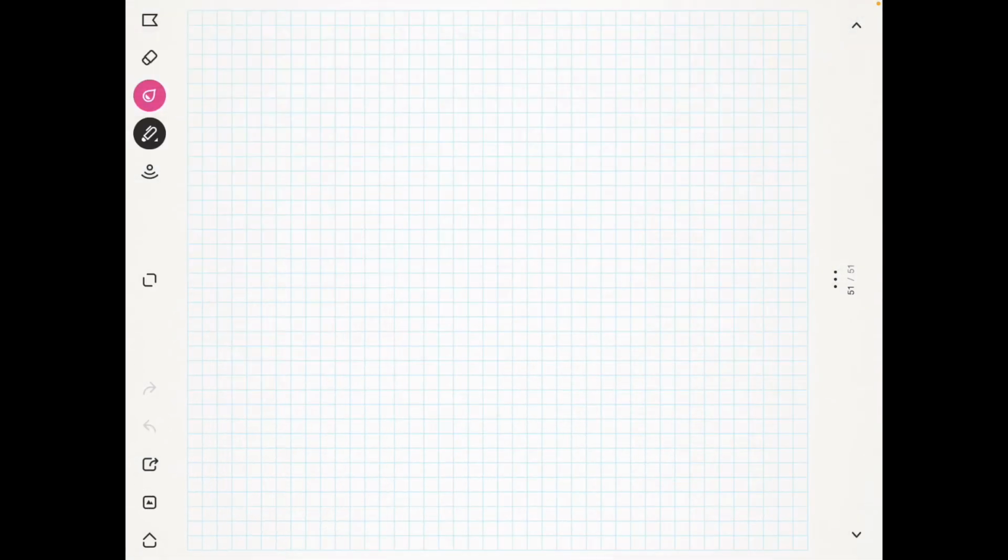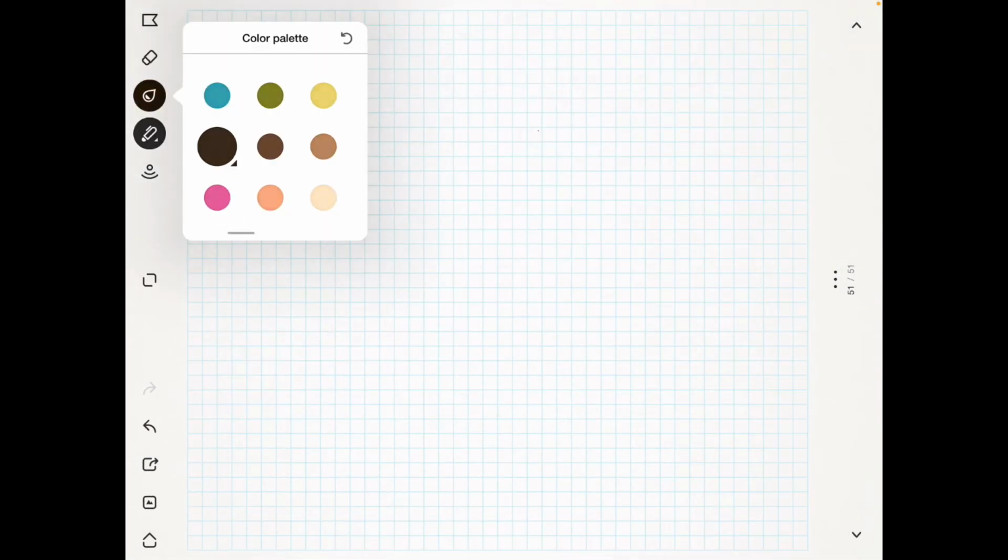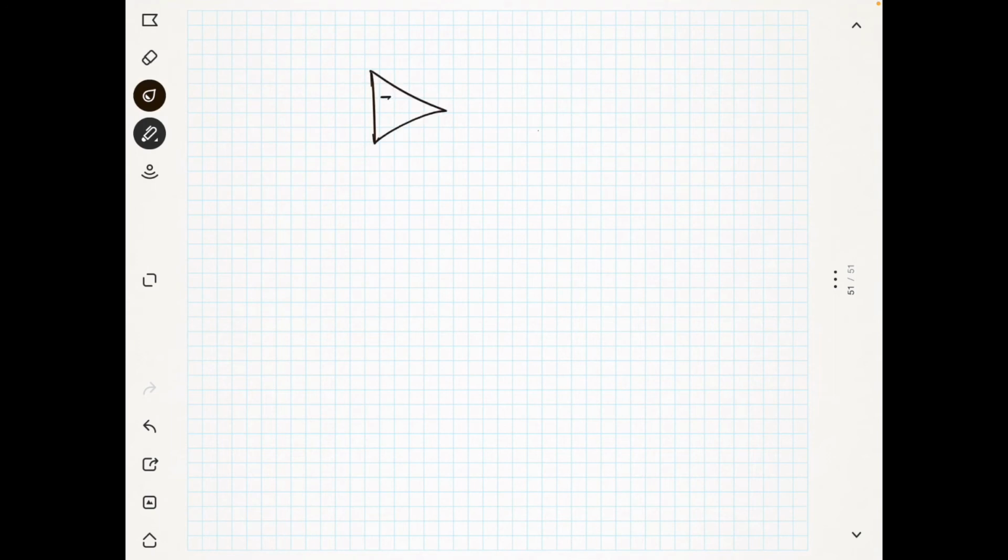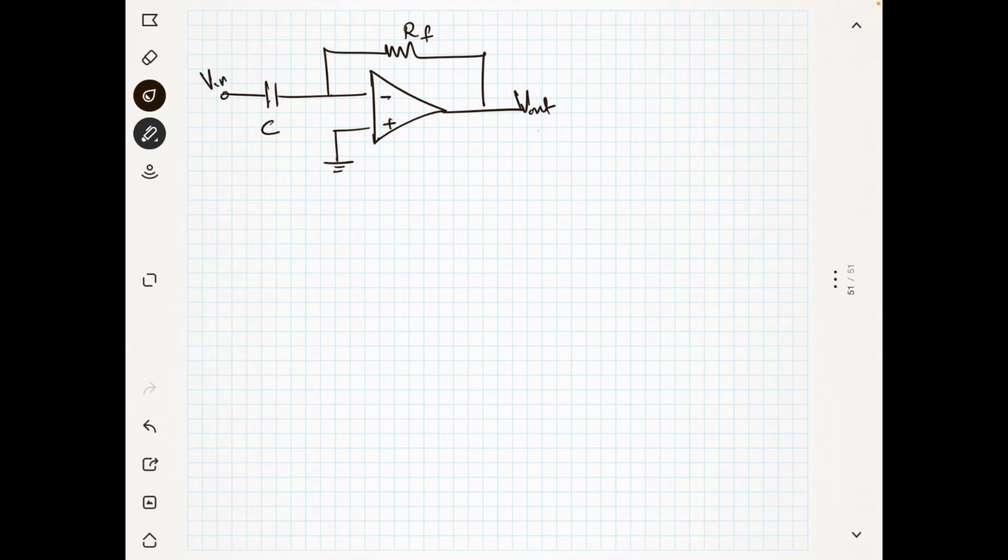Okay, so differentiator circuit analysis. Now you have minus, plus, and this is your ground point, and you will connect the C here, and you have some RF, and this is your V out, and this is V in of t.